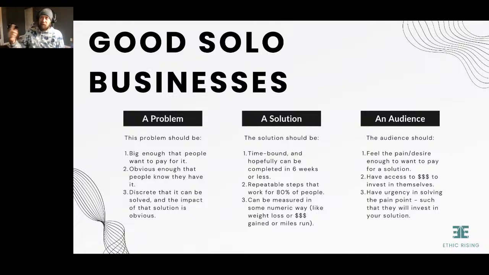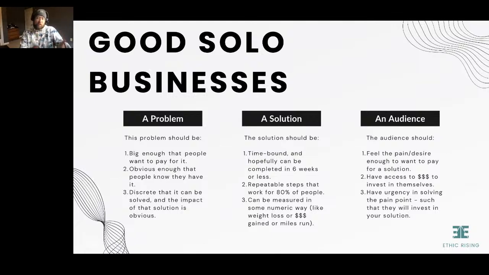And I know that running toilet, number one, it's annoying, but it's costing me a bunch of money because my water keeps running and we have to pay for water in our utility bill, then I have an urgency that I want my toilet fixed pretty quickly, and I'm willing to pay somebody to fix my toilet pretty quickly. And the same thing should exist in a good solo business, which is someone should feel enough pain that they want it solved like now.